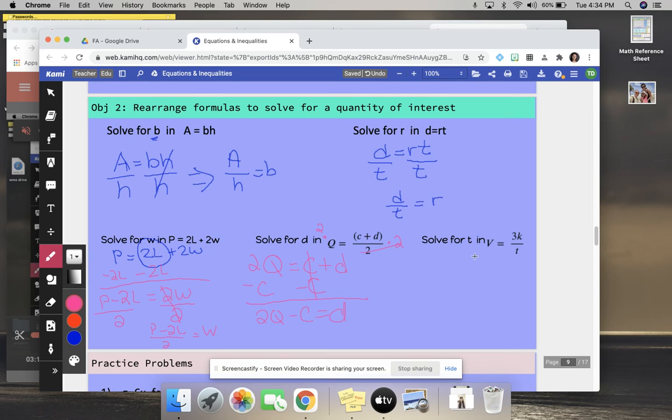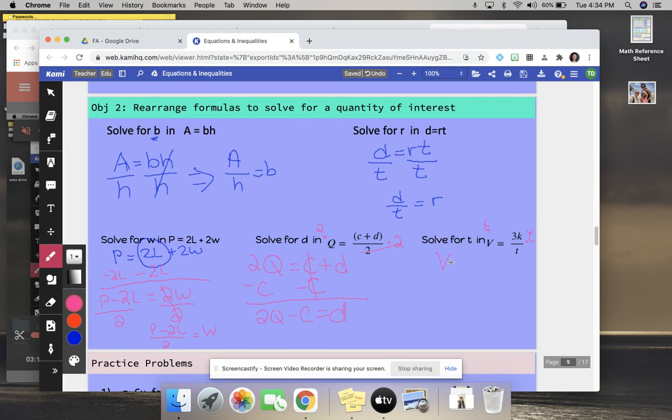All right, last one, solving for T. Again, the right side is a division, so I'm going to multiply. And I know I said before that we want to get rid of everything that's not attached to what we're solving for, but in this case, we're going to have to kind of go back and forth. So I'm going to multiply by T on both sides.